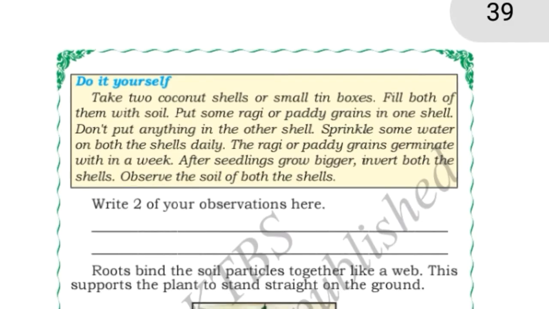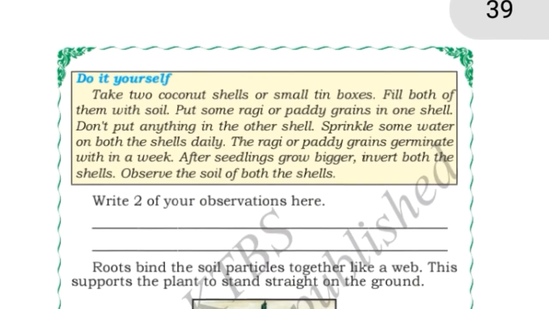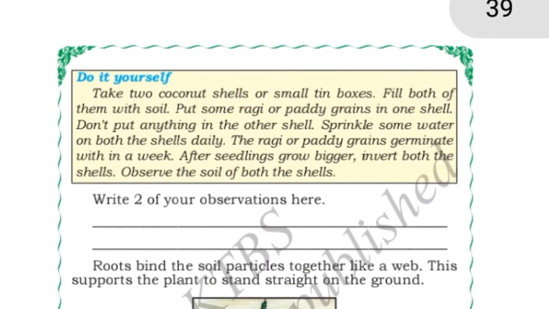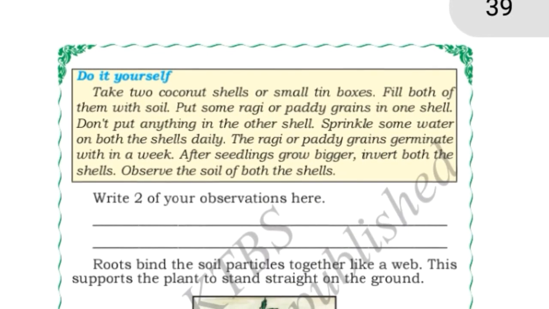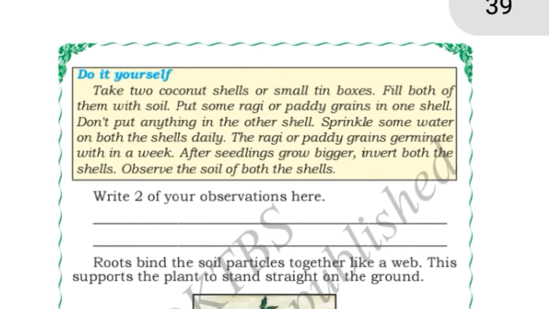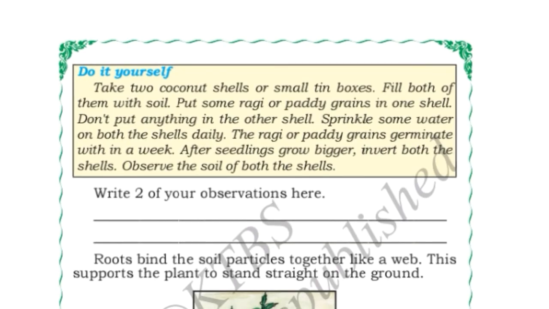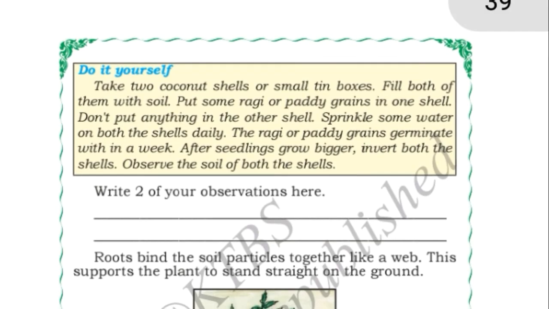And sprinkle some water. After some days, after a week, what can you observe? Here you have to write what you can observe after a week. You can observe that the seeds have become roots.